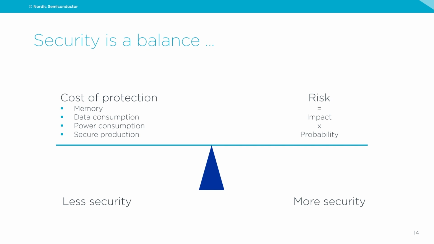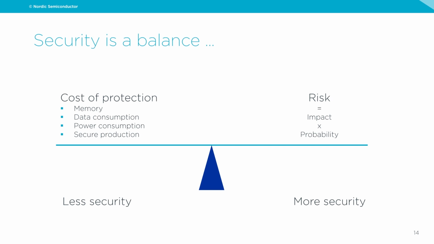It might mean data consumption, let's say on a cloud backend, for example. It might mean power consumption if you need additional computing for security-related functionality. It may also mean secure production if you need to set up a secure manufacturing environment for your IoT device. And then on the other side, of course, we have the risk, and the risk is impact times probability.